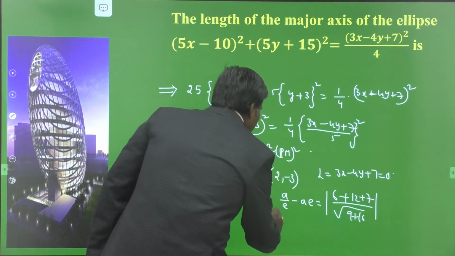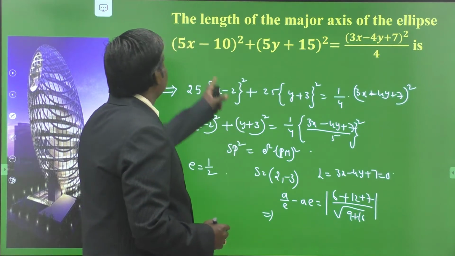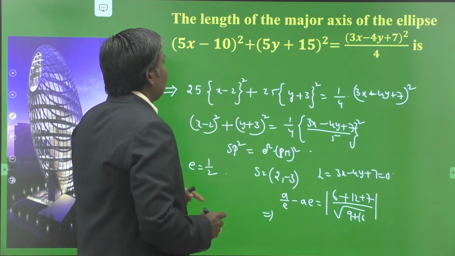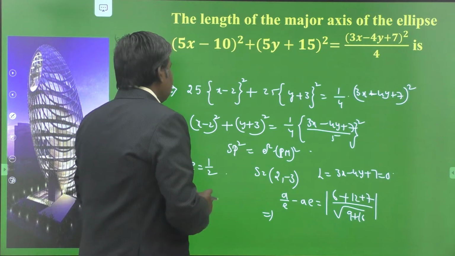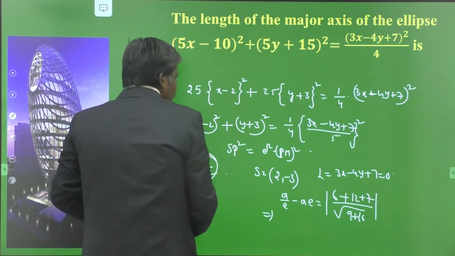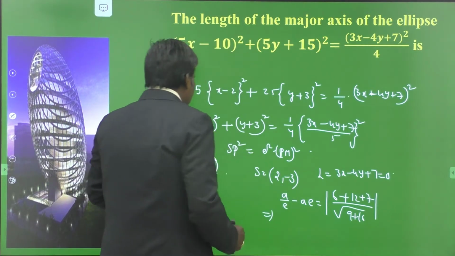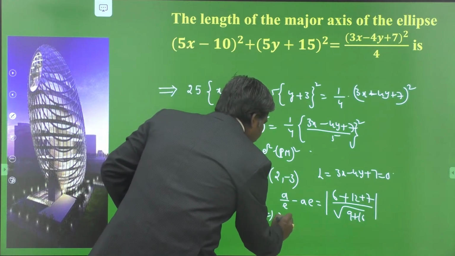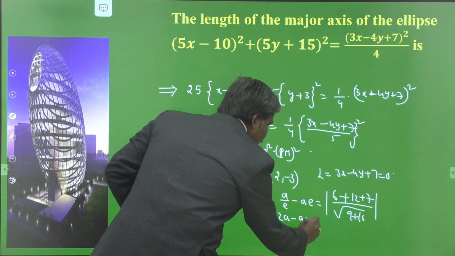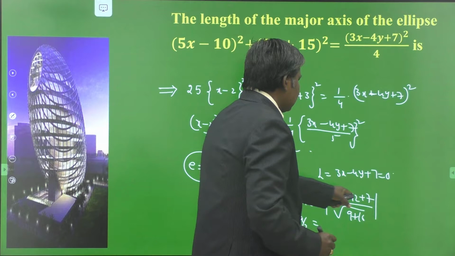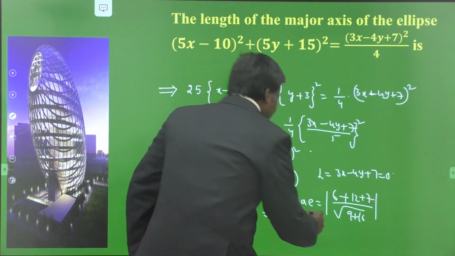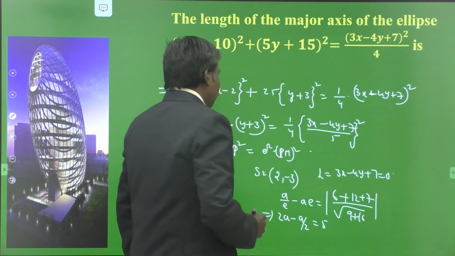So we have the eccentricity, which is 1 by 2. So you substitute 1 by 2 here: 2a minus a by 2 is equal to, it is 18 plus 7, 25 by 5, that is 5 units.